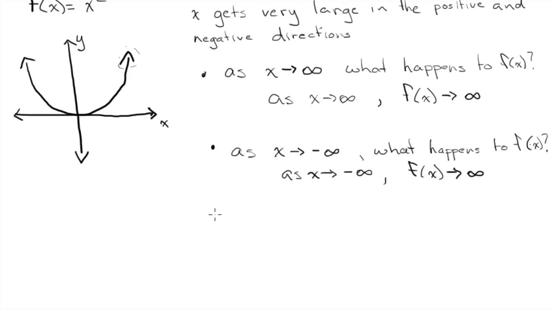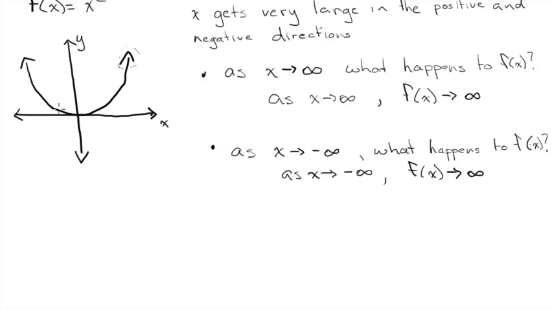If you wanted to write that in one statement, because the end behaviors are the same for both sides: there's generally going to be a right-handed end behavior and a left-handed end behavior. The only reason there wouldn't be two is if the function had no domain on one side.